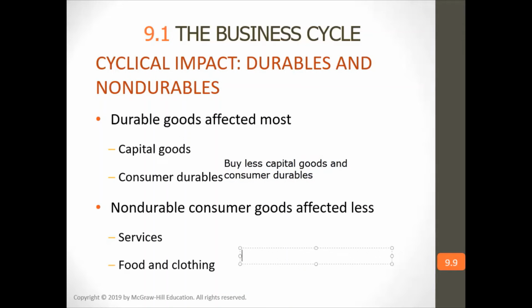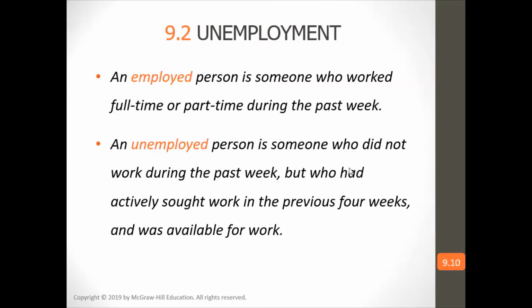They don't change spending on services, food, and clothing. So those are big ones. So here, an employed person is someone who worked full-time or part-time during the past week. An unemployed person is someone who did not work during the past week, but who has actively sought work in the previous 4 weeks and was available for work.